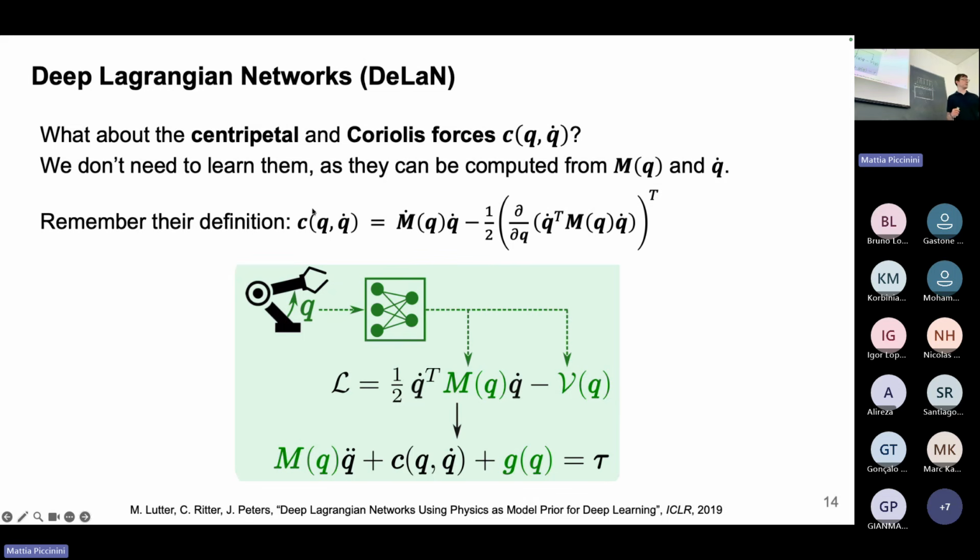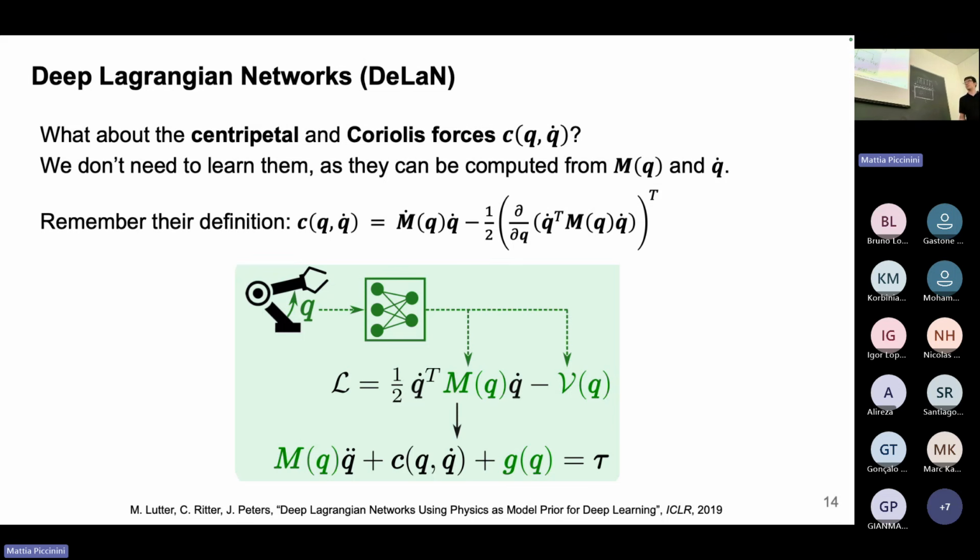Sometimes you can use automatic differentiation, for example here, because you are differentiating the output of the network, M, with respect to the input of the network, Q. Not in all cases, because for the full derivative you need discrete differentiation, of course.